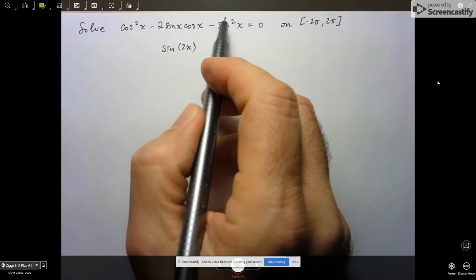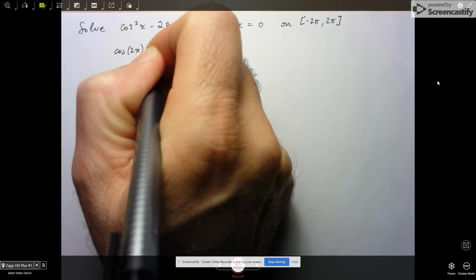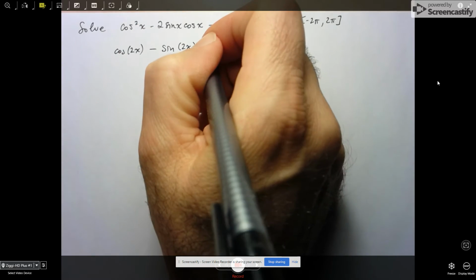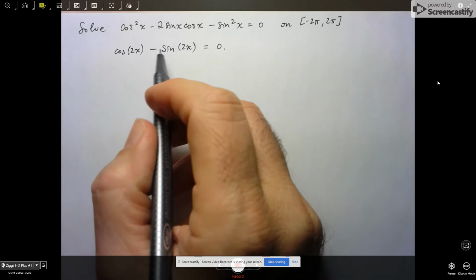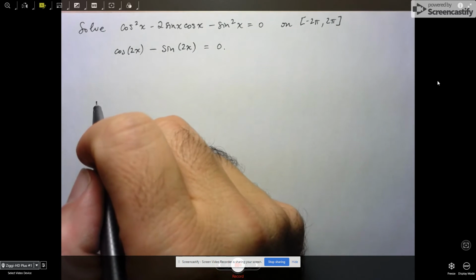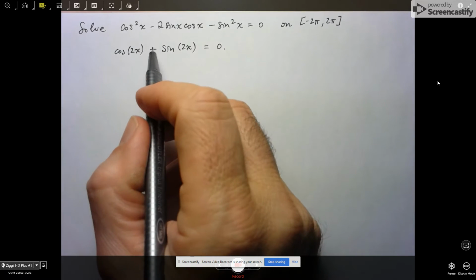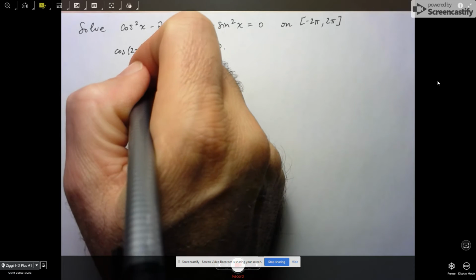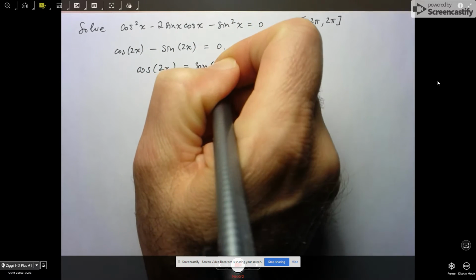So I can rewrite this left-hand side as cos of 2x minus sine of 2x. What's nice about this, first of all, is that they're trig ratios with the same input. And what we can now do is bring that minus sine 2x to the other side, and we end up with cos 2x equals sine 2x.